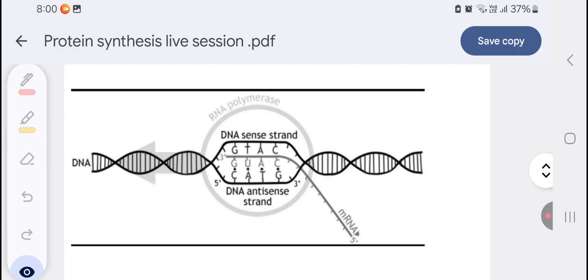And then we unwind the double-stranded DNA and expose the gene that is specific for the collagen.